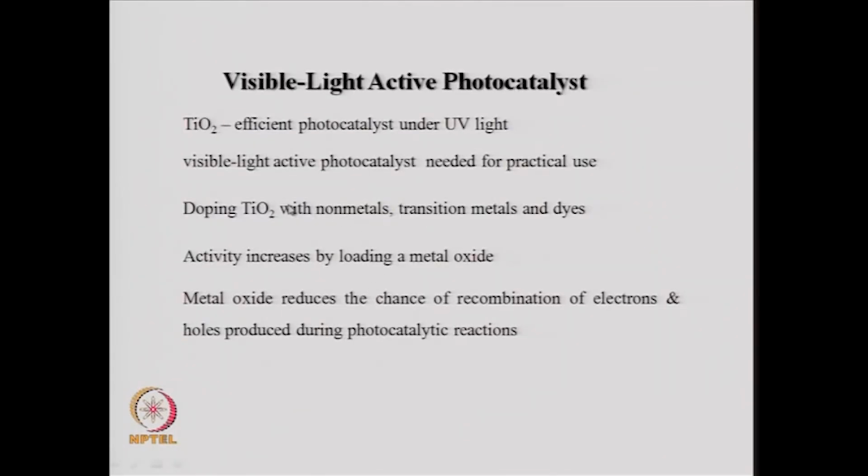Now, TiO2 is a very efficient photocatalyst, but you need ultraviolet radiation, UV light. Normally, we would like to use visible light, to use the solar spectrum, and the material should be active under visible light. Visible light is in the lower energy region compared to UV light.